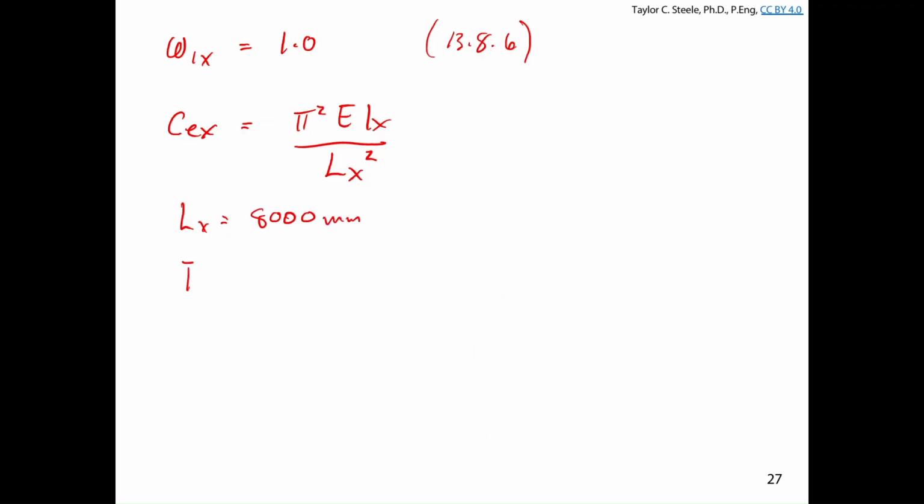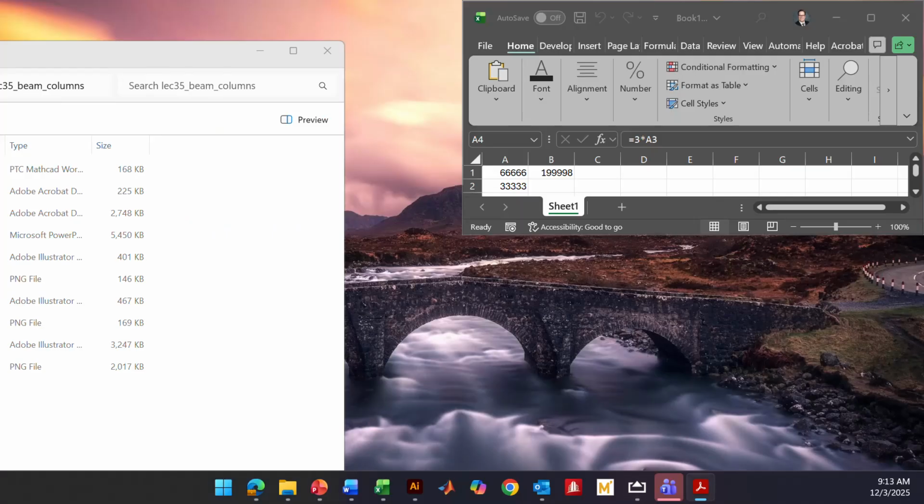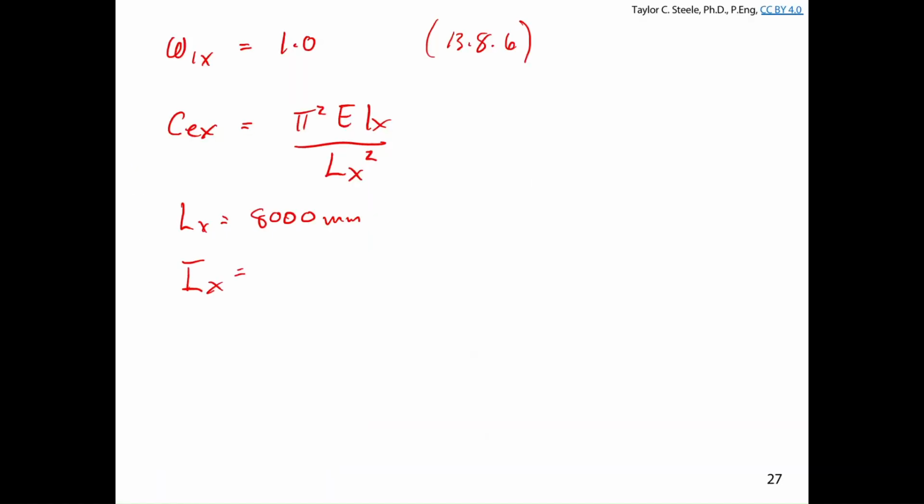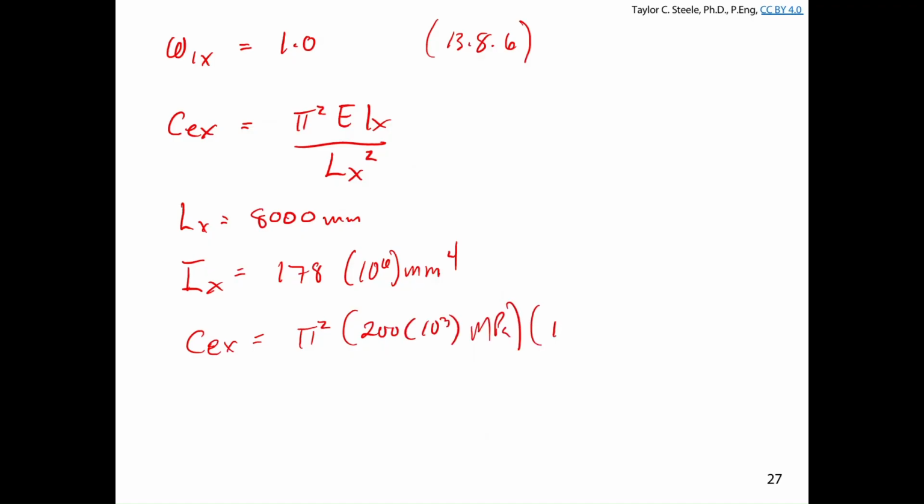From the handbook for this section, if you were to look it up, Ix is equal to 178 times 10 to the 6 millimeters to the 4th. And so CEX is pi squared times E, which is 200 times 10 to the 3 MPa, times 178 times 10 to the 6 millimeters to the 4th for Ix.